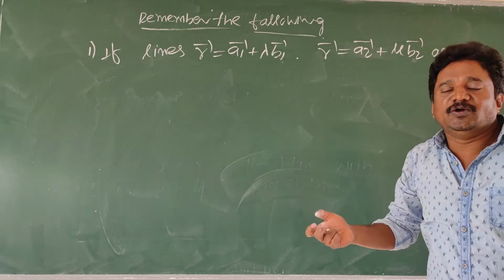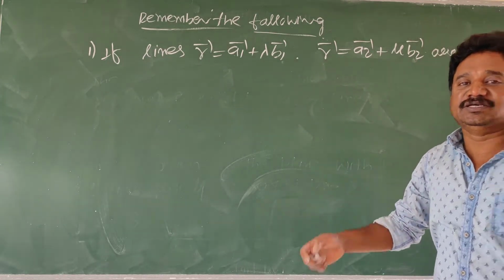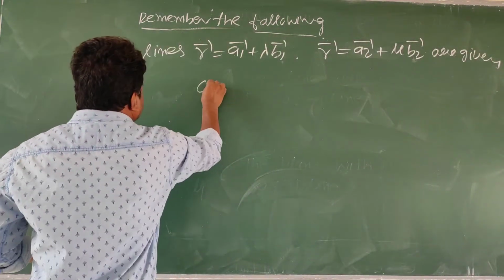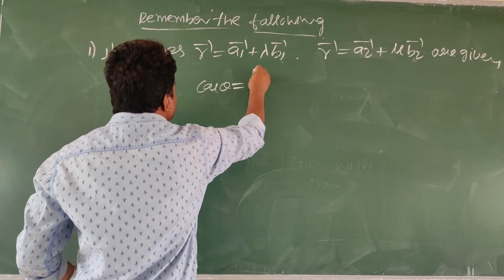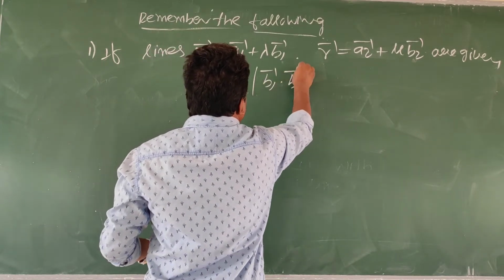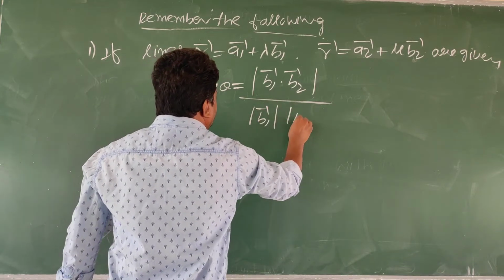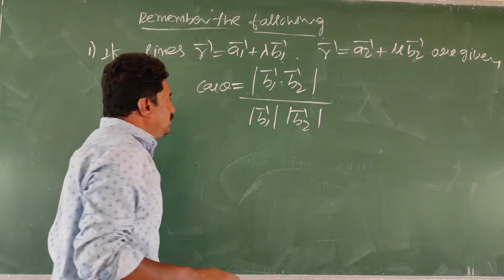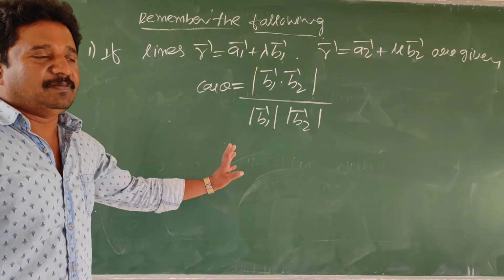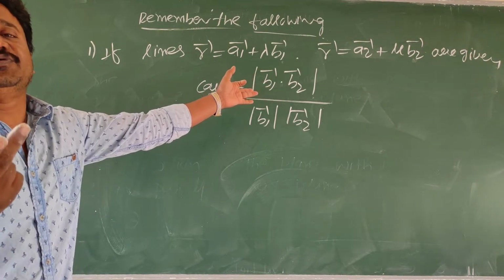So you find the angle between the lines using parallel vectors. Cos theta is equal to the mod of b1 dot b2 divided by the length of b1 into the length of b2. This is a vector formula, students, and everywhere we use this formula only.